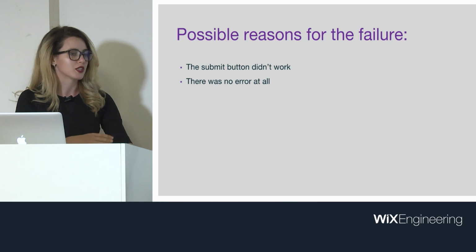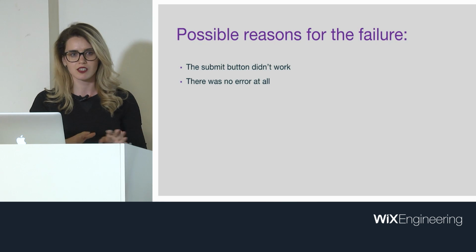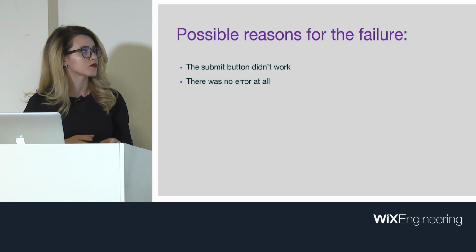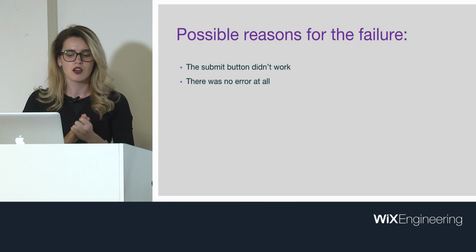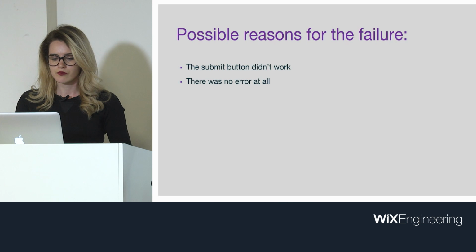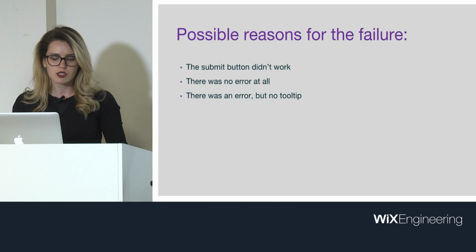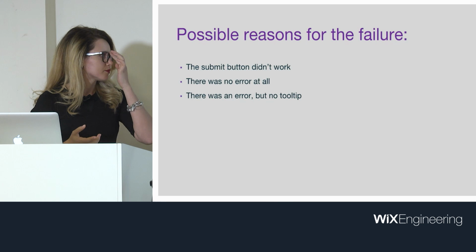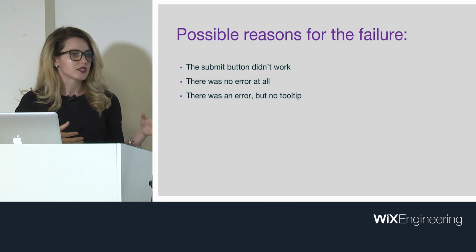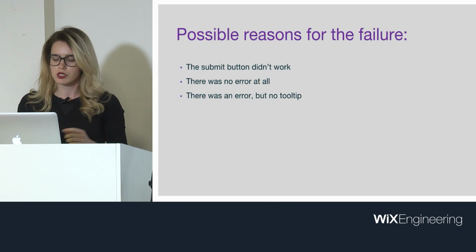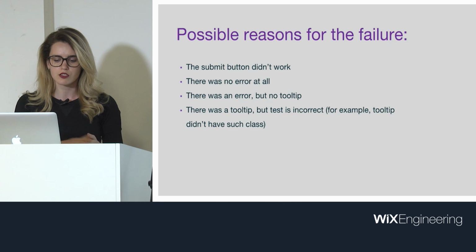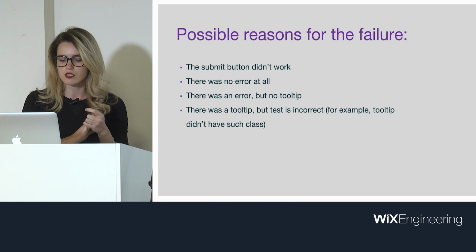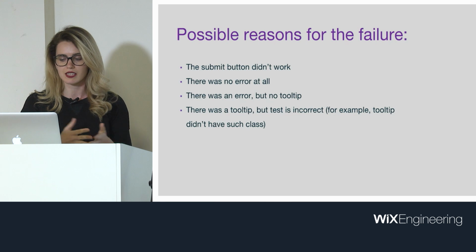So the submit button worked, it passed, everything was green, and it accepted an input with more than 300 characters, which means we have a bug. Third, there was an error but no tooltip, which means it showed a red border but no tooltip on it. And the fourth reason I found is that there was a tooltip but the test is incorrect.